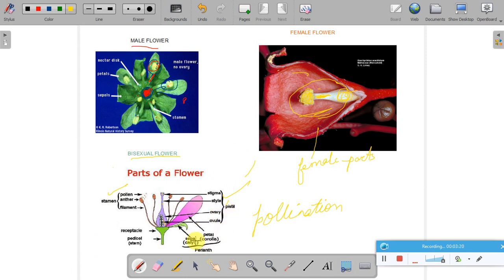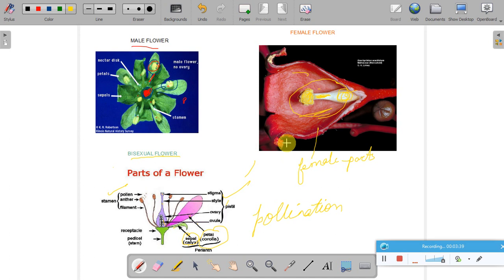Both are present. Now if we look at the calyx and corolla, which are the outer two whorls, calyx, sepals, corolla, petals, both these are present in these flowers. Even in a male flower they will be present, and in a female flower also they will be present.